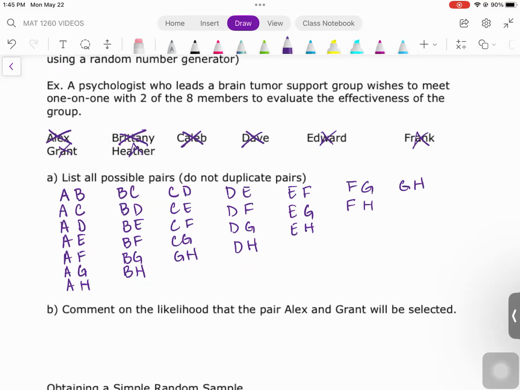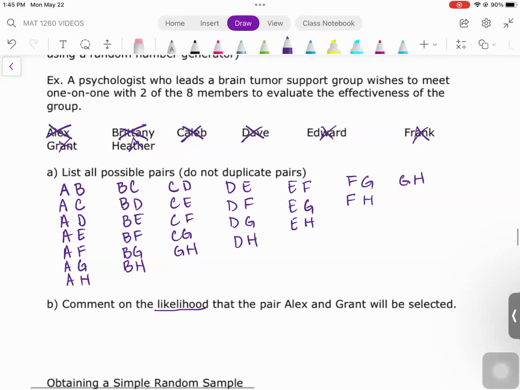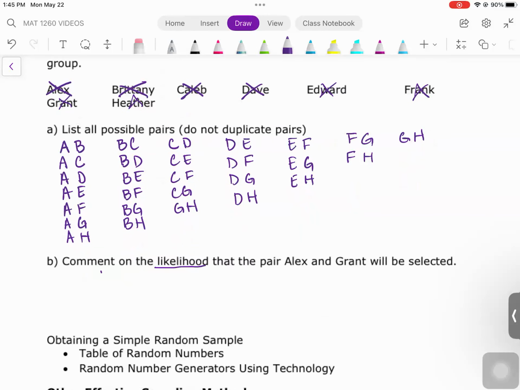Now, based on this list, what do you think is the likelihood that the pair Alex and Grant will be selected? So we've got 28 total pairs, and how many of them have Alex and Grant in it? Well, there's only one group with Alex and Grant. We designed our pairs that way so that we didn't have any repetition. So that likelihood would be 1 out of the 28.